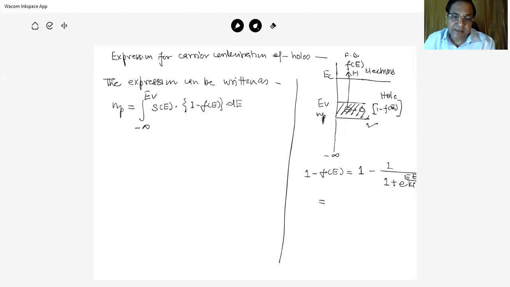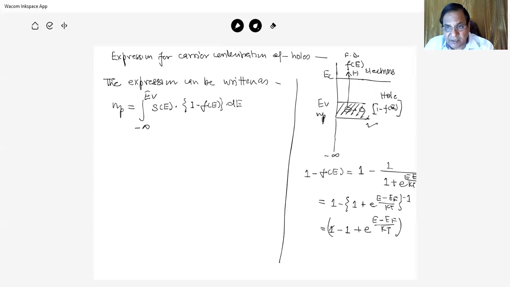So this function is 1 minus (1 plus e raised to the power (E minus EF) upon KT) to the power minus 1. So what we have is 1 minus 1 plus e raised to the power (E minus EF) upon KT, so the 1 cancels.